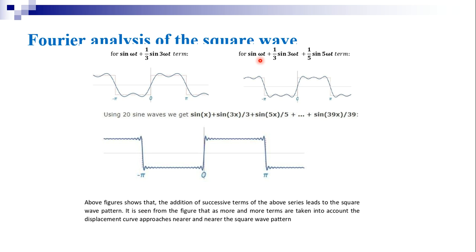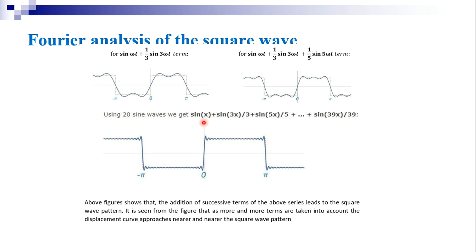Still further, if you add the term sin omega t with 1 by 3 of sin 3 omega t and 1 by 5 of sin 5 omega t term, if you add these three functions, we will get another type of series which is seen like this. So it is a little bit a form of a square, you can observe in the figure. Again, we can add any number of sine waves, and here is another function using 20 sine waves.